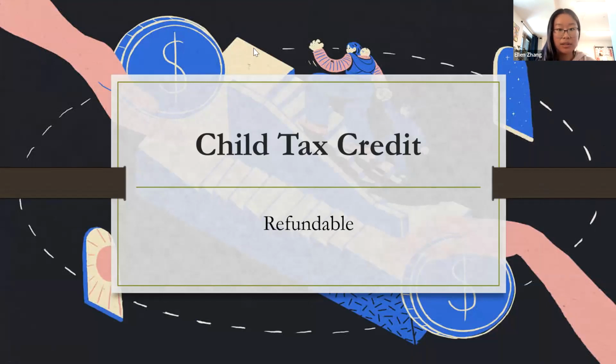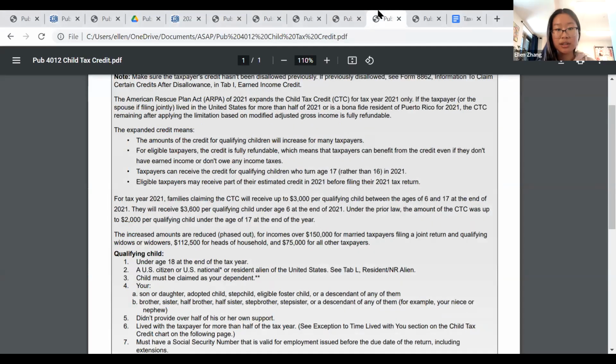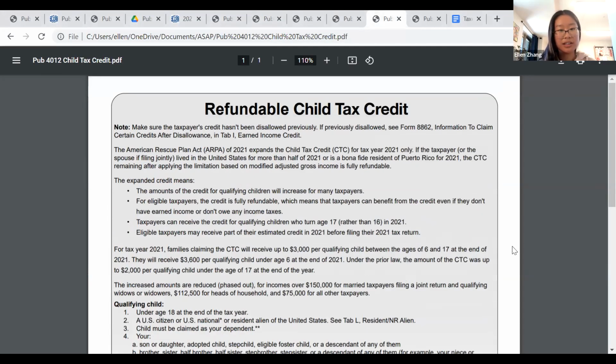Let me share my screen again so that we can take a look at the requirements for the child tax credit. Here it is, the refundable child tax credit. As we can see in this note at the top, the American Rescue Plan Act of 2021 has expanded the child tax credit for the tax year of 2021 only.